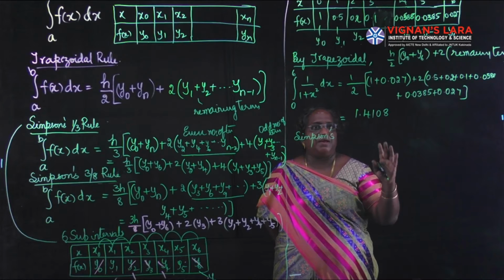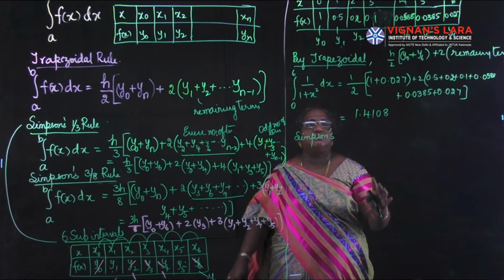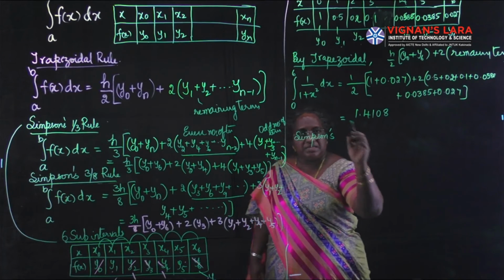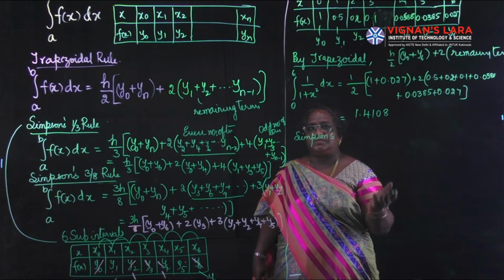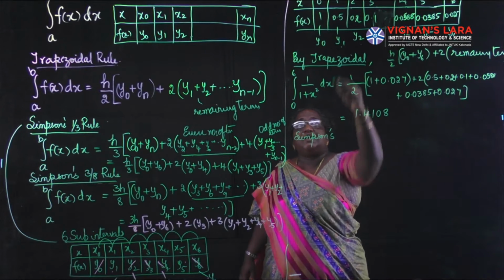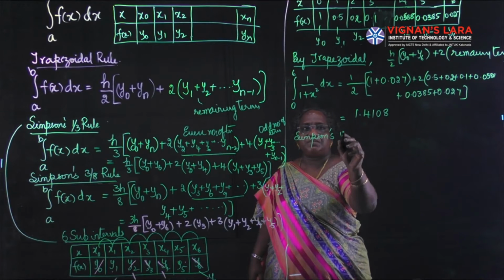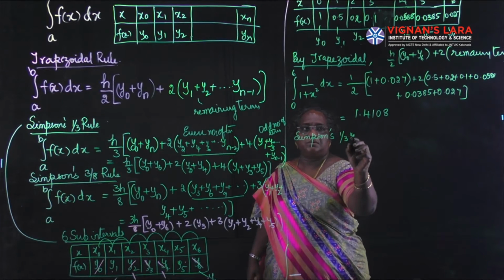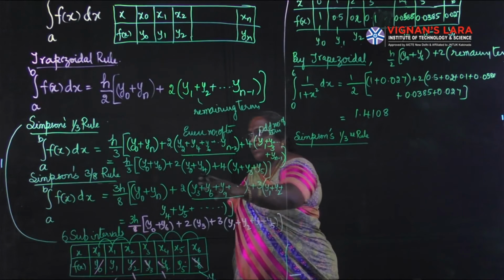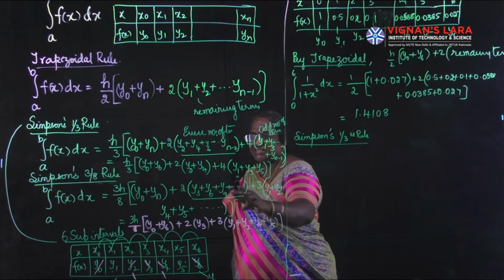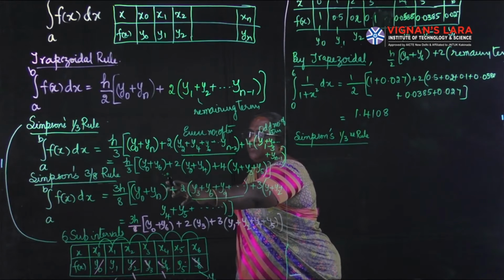But I can't apply Simpson's 3/8. So 6 is the common number of subintervals for trapezoidal, Simpson's 1/3 and Simpson's 3/8. I can use the same table for Simpson's 1/3 rule. Because the number of subintervals is 6, this is the formula I have to use.